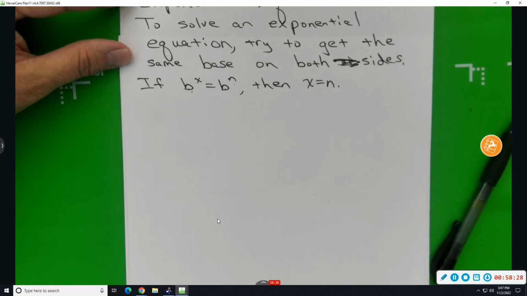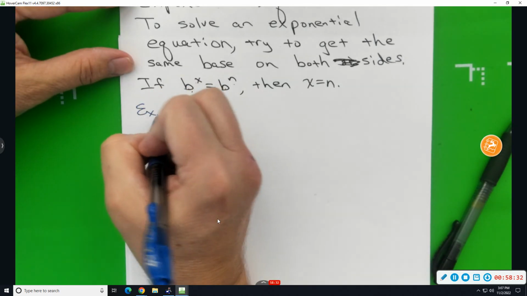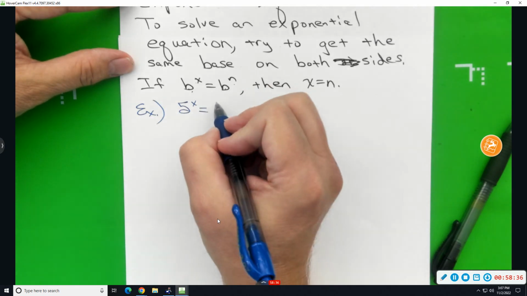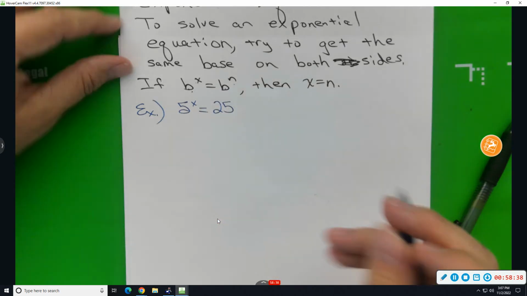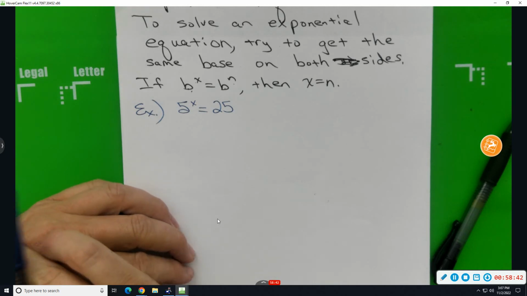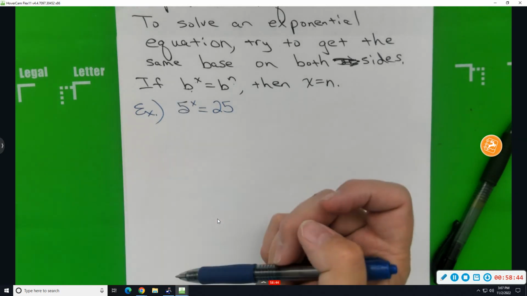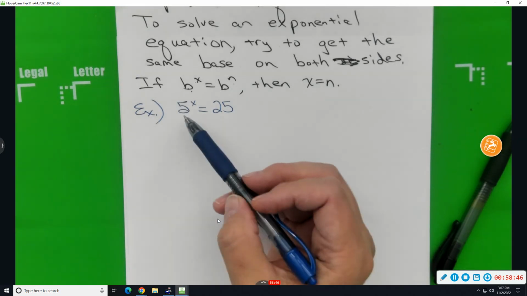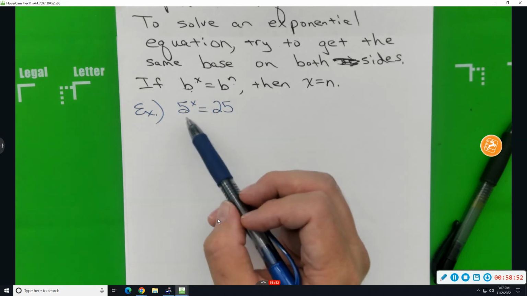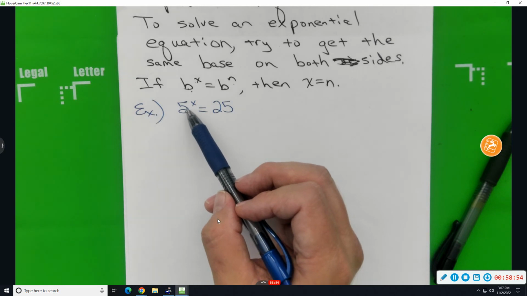Let's consider the following equation. 5 to the x is equal to 25. Don't say 5. What number does x equal? Realize the base on the left side is 5.